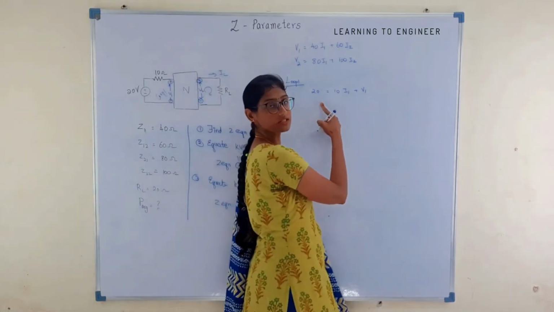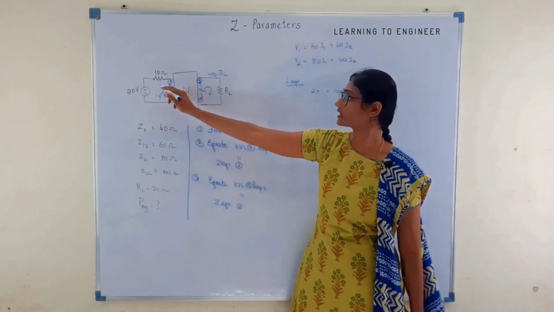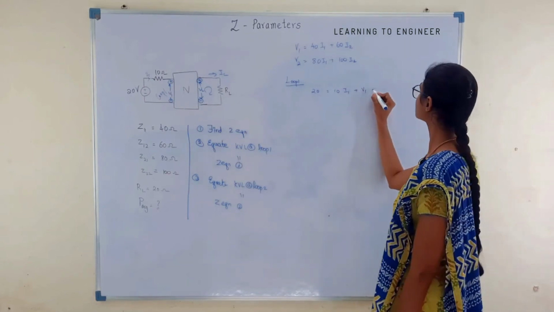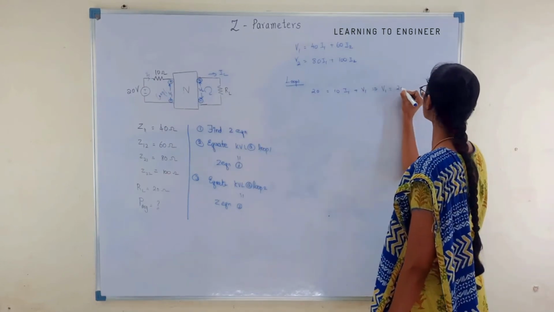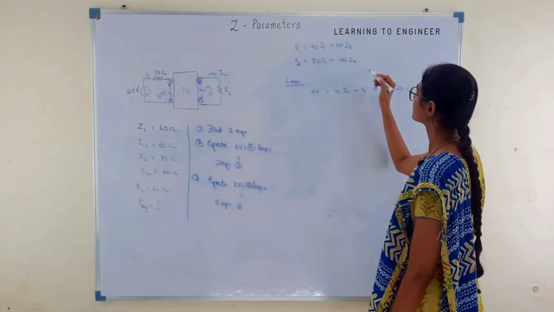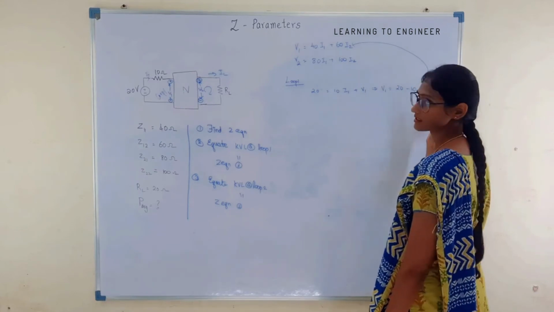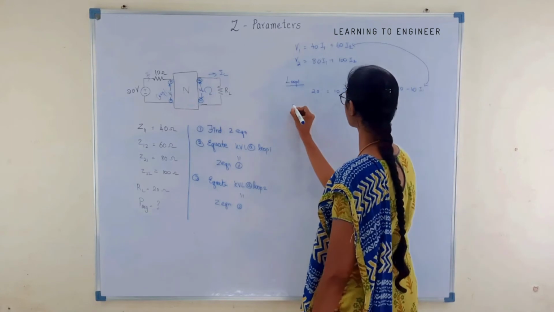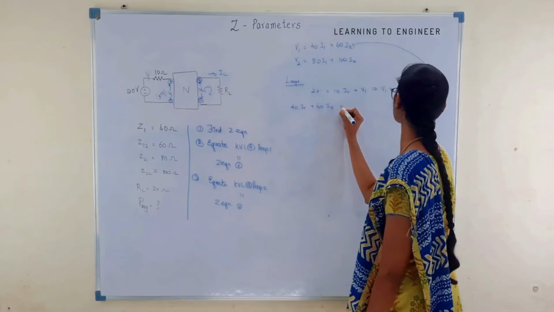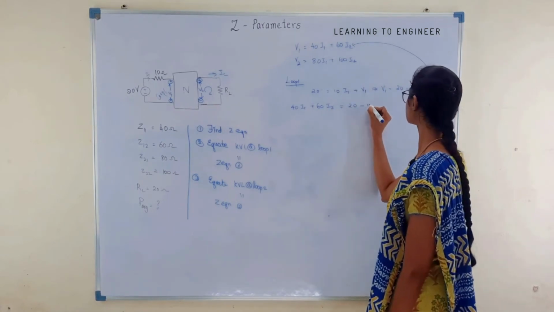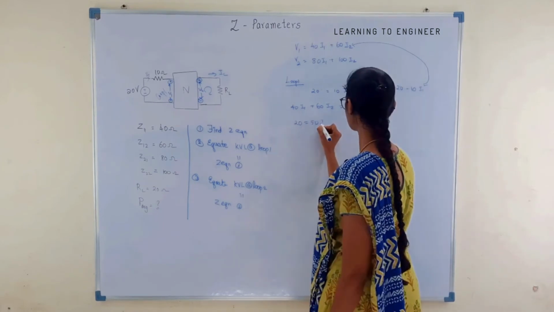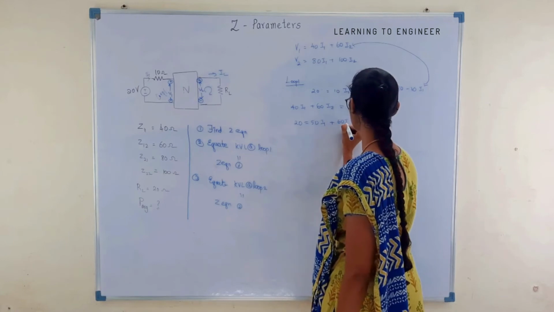So the equation is 20 volt is equal to 10 into I1 plus V1. So V1 is equal to 20 minus 10 into I1. Let us equate this and this. We get 40 I1 plus 60 I2 is equal to 20 minus 10 into I1. So we get 20 is equal to 50 I1 plus 60 I2.